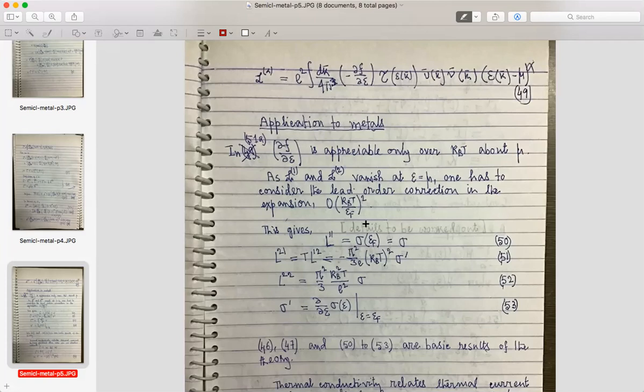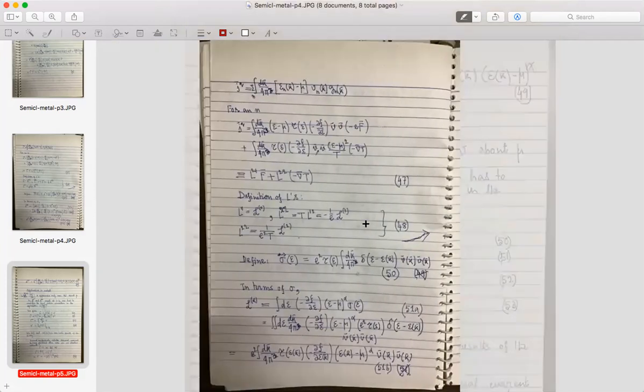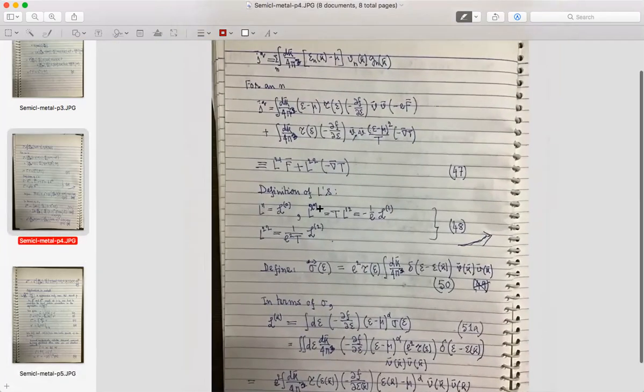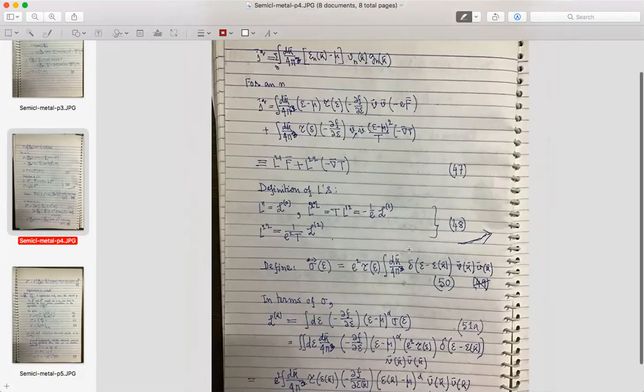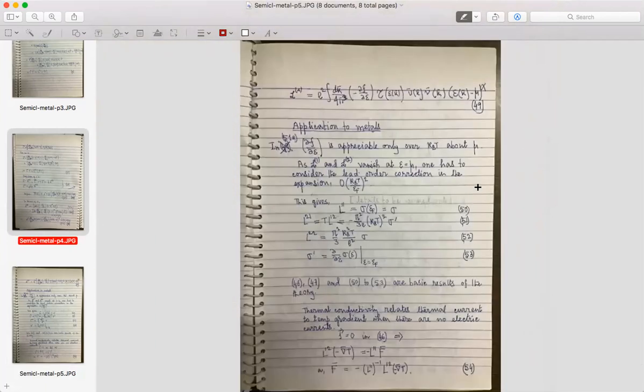So L11 is simple to evaluate. Let us check what L11 was. L11 was simply curly L0, which doesn't have a factor of epsilon minus mu. Alpha is 0 here.